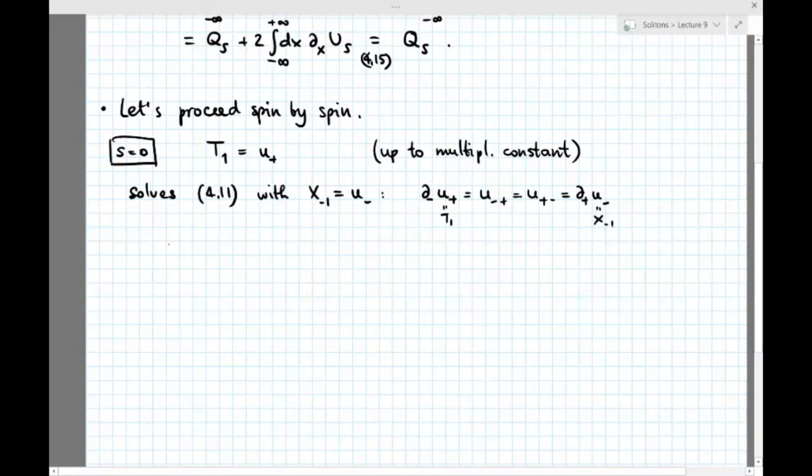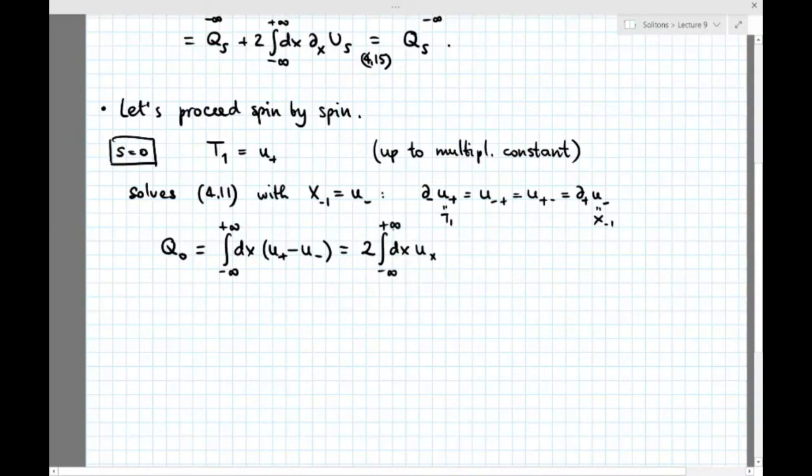So then what is the charge q, which we expect to have spin 0? Well, that's the integral over x of t minus x, which is u plus minus u minus. But again, by relating light cone derivatives to space and time derivatives, by the same argument as above, this is twice the integral over x of the x derivative of u.